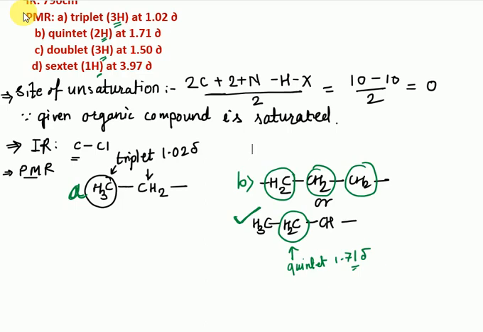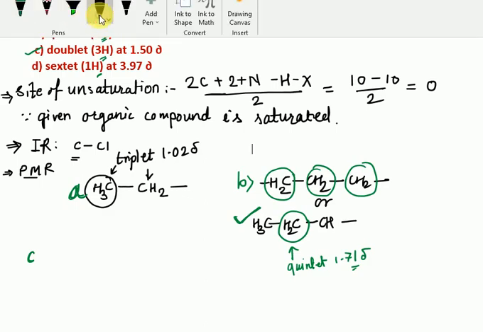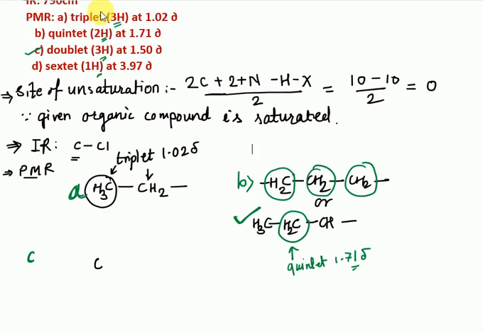Then the third data, doublet for 3 hydrogen, C. Doublet for 3 hydrogen means again a group of 3 hydrogen which gives a doublet.